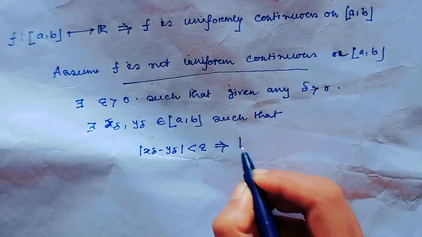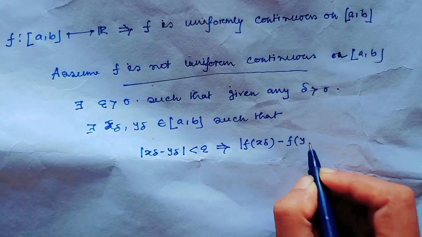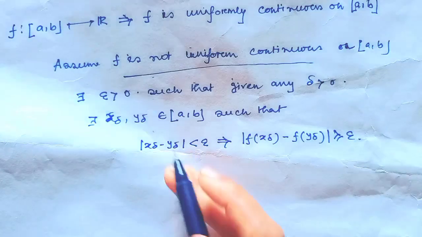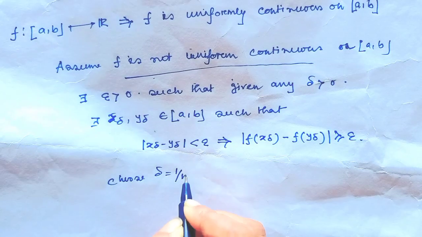These imply |f(x_delta) minus f(y_delta)| is greater than or equal to epsilon. Okay? For this, choose delta equal to 1 over n.